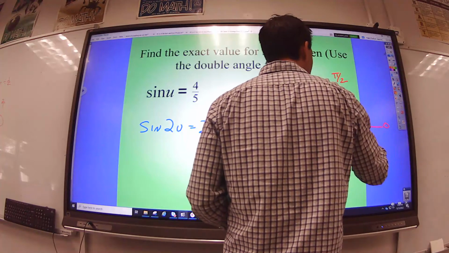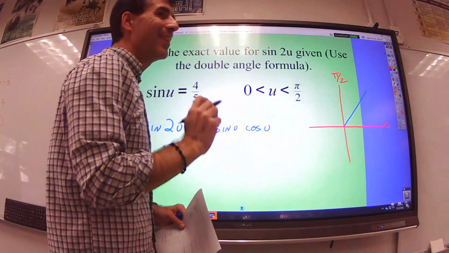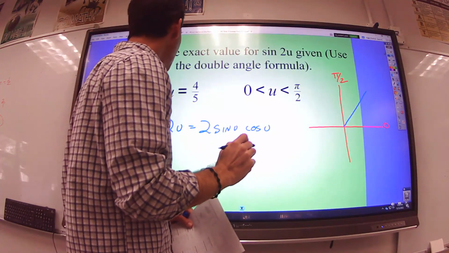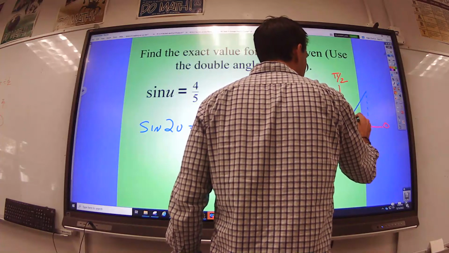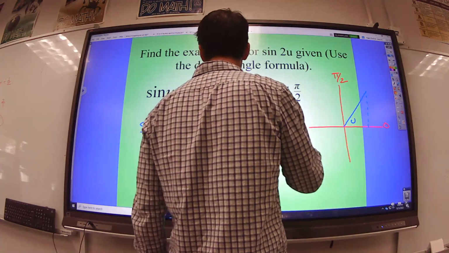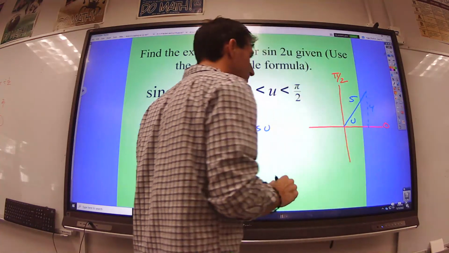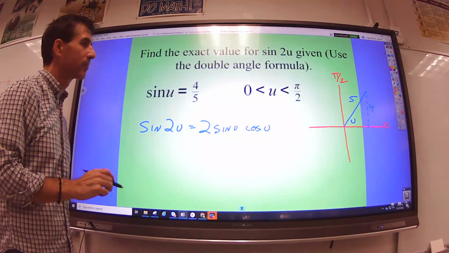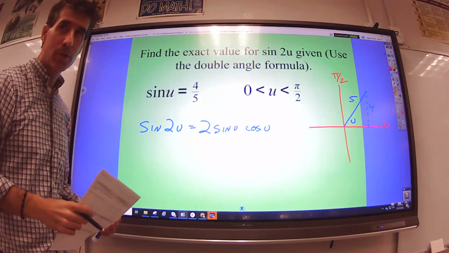That means that this is somewhere over here. What that means is if I have sine of u, I'm going to draw my triangle. Here's my u. Sine is opposite over adjacent. I'm sorry, opposite over hypotenuse.